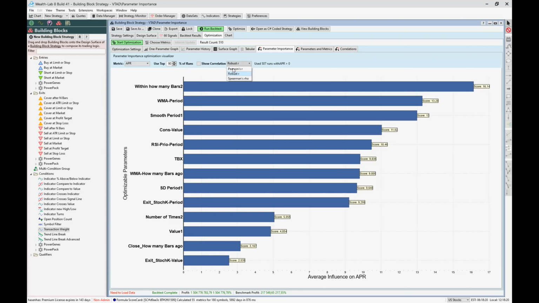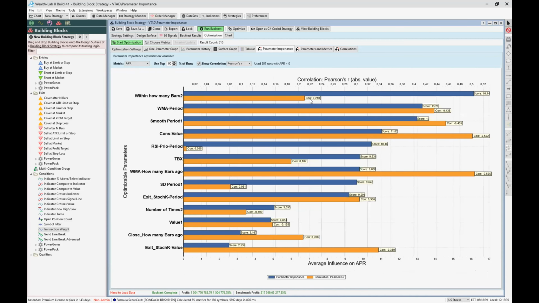Of course, you should use the Pearson's, the simple Pearson correlation coefficient, but it's okay. It's not so much different here. And what you can also do is here they show the correlation between the RPR and the parameter, because sometimes the correlation is positive, sometimes the correlation is negative, and maybe this correlation here does not really help in trading system development. It doesn't make your system better when you know this correlation.